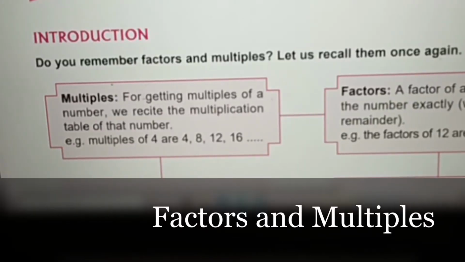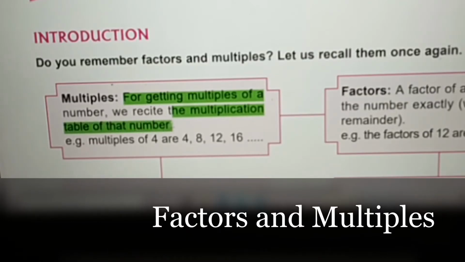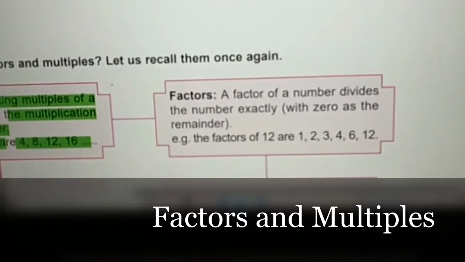Now we have multiples. For getting multiples of a number, we recite the multiplication table of that number. As for example, to get the multiples of 4, we have to recite the table of 4. Similarly, when we have factors, then what is a factor? A factor of a number divides the number exactly with 0 as the remainder.